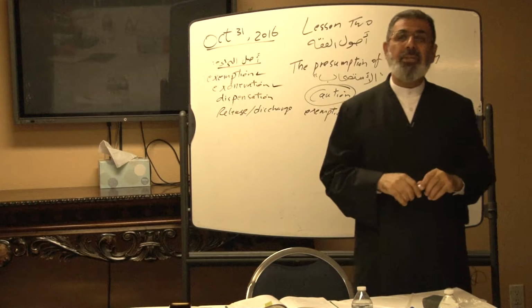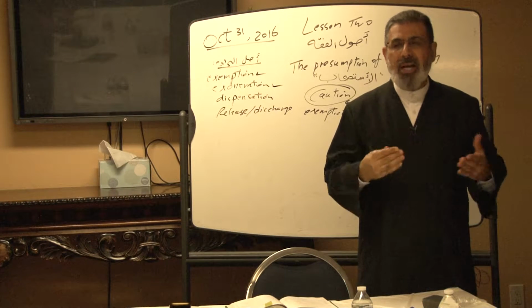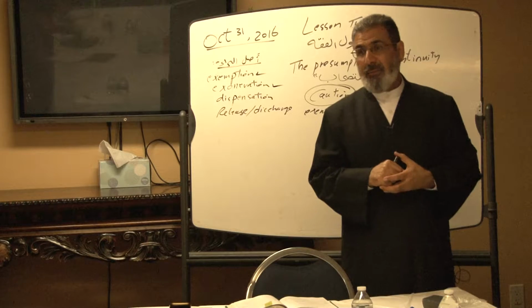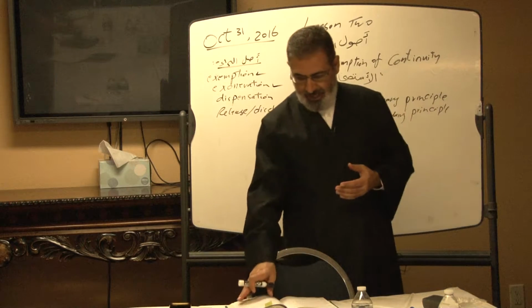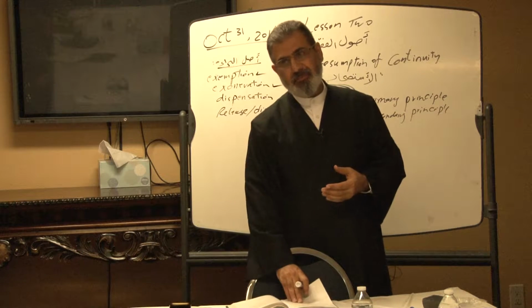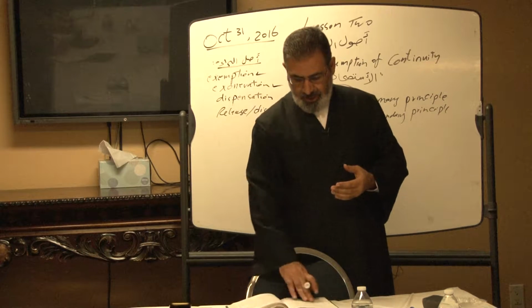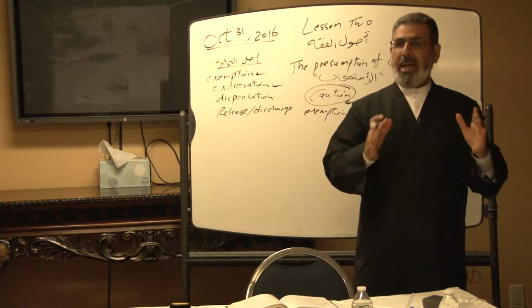In this case, what do we call this knowledge? Al-ilmul ijmali. Detailed? Not detailed. Detailed is ilm al-tafsili. Ilm al-ijmali is what? Summary knowledge. So in the summary knowledge, okay, now, there were 9 bottles.